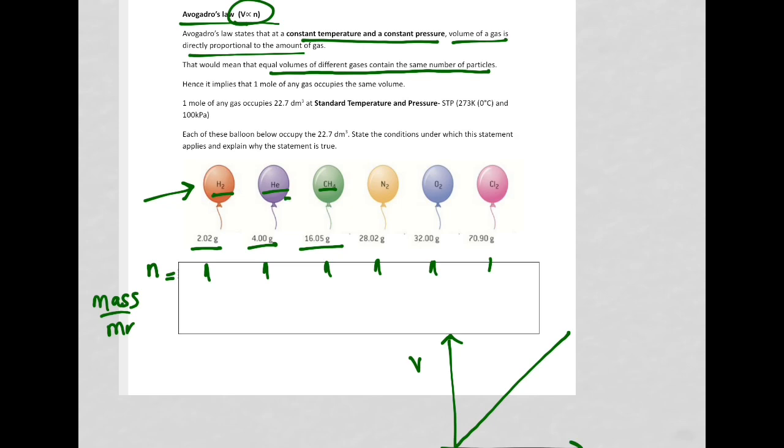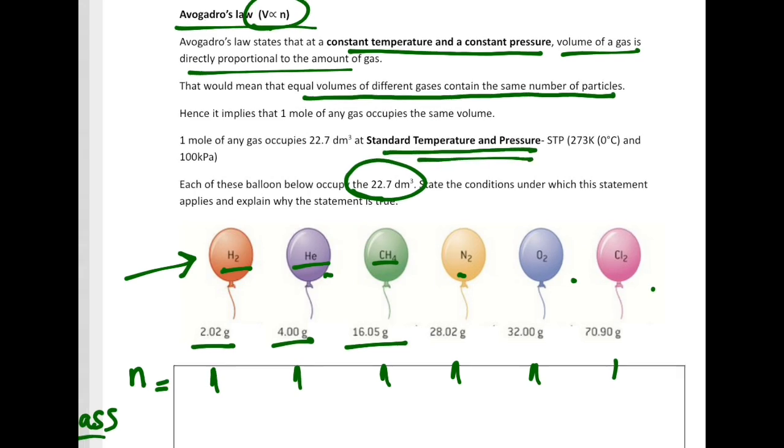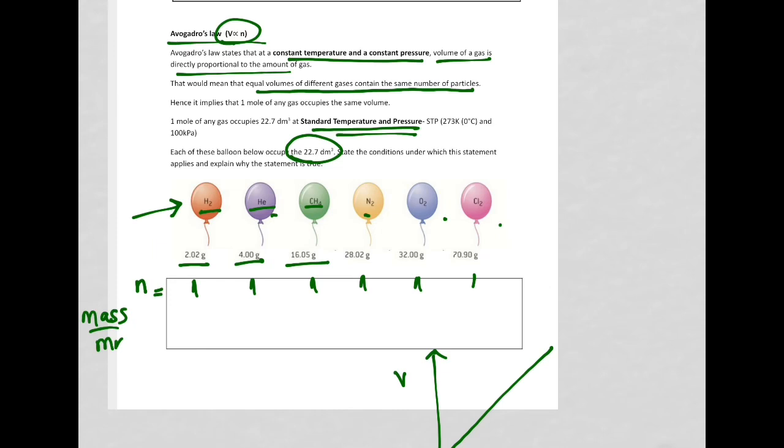So 1 mole of each of these gases occupies 22.7 dm cube at standard temperature and pressure. Standard temperature and pressure is called STP, and at STP, temperature is 0 degrees Celsius and we are at atmospheric pressure, so 100 kilopascal.